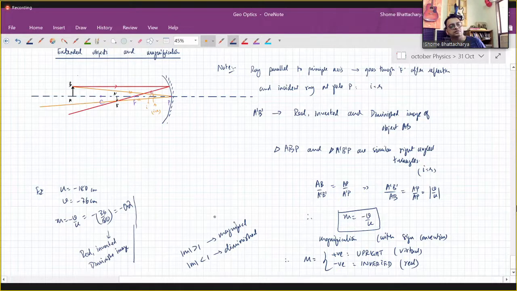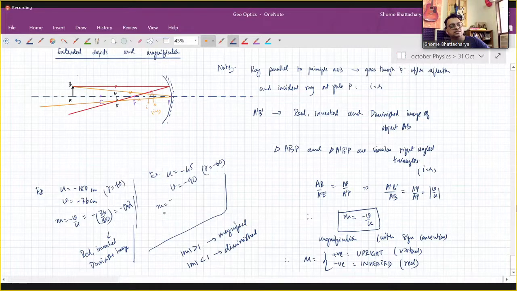But for example, if we have another situation where U was minus 45 and our V came out to be minus 90, because R was minus 60. Here also in this example, R was minus 60. Then our magnification here comes out to be minus 2.